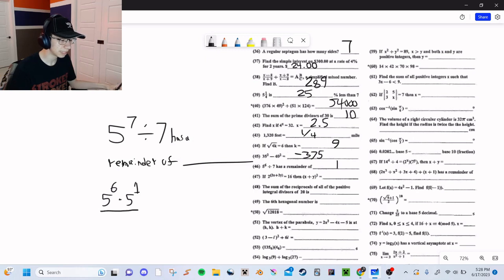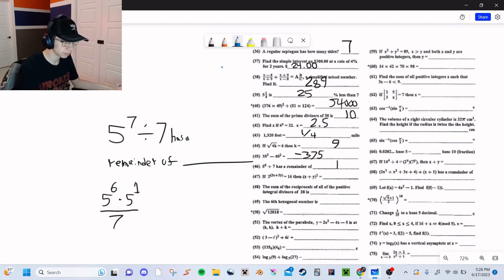And I'm dividing this by 7, and I'm looking for that remainder. I already know that if I look for the remainder of 5 to the 6th, then I'll get 1.